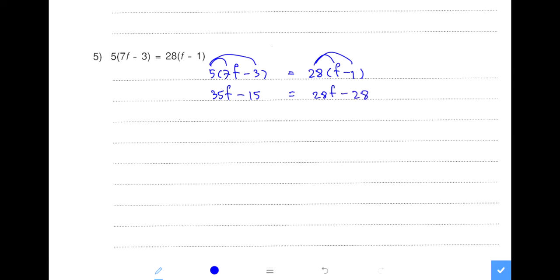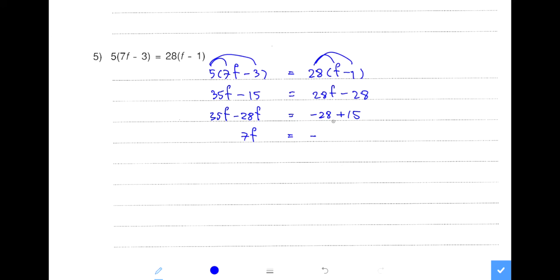So let's move it to the same side. 35f minus 28f is going to be equal to -28, and then opposite of minus 15 is plus 15. So 35 minus 28 is 7. You have 7f, and this one is still negative, but it will be less negative.